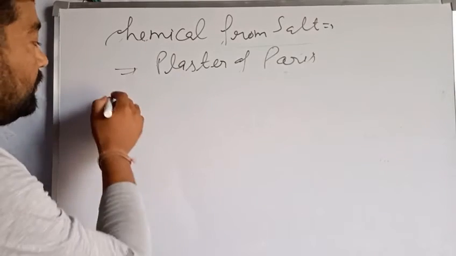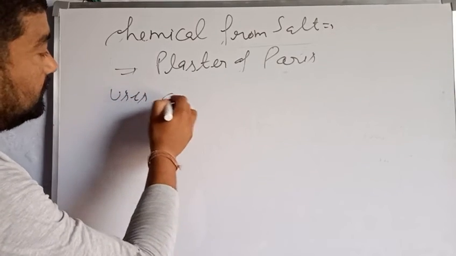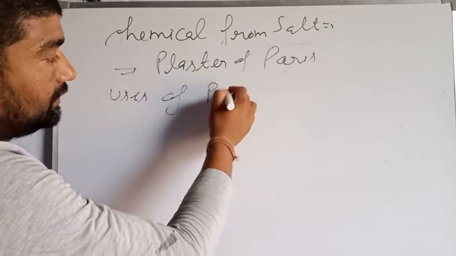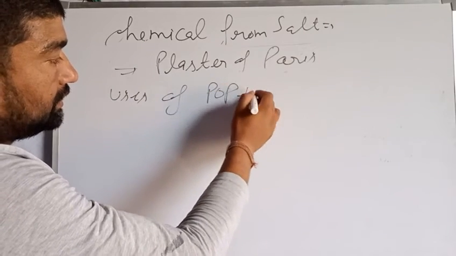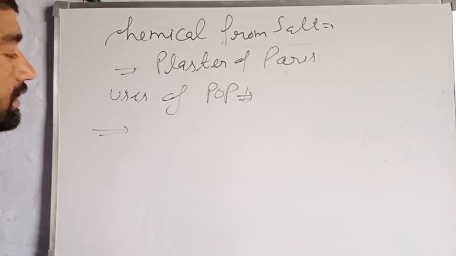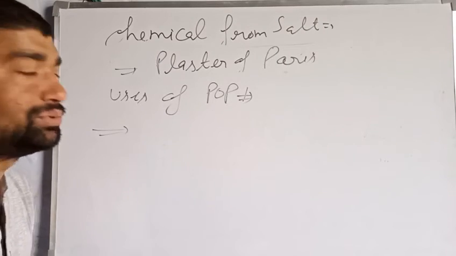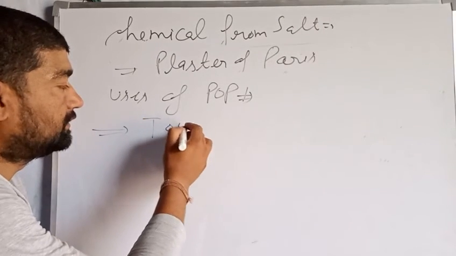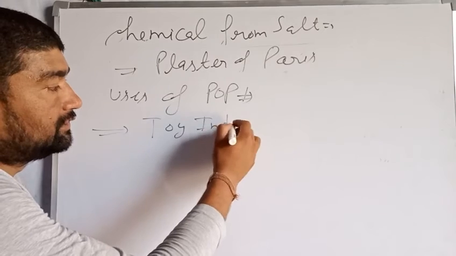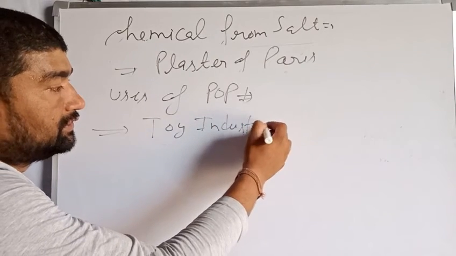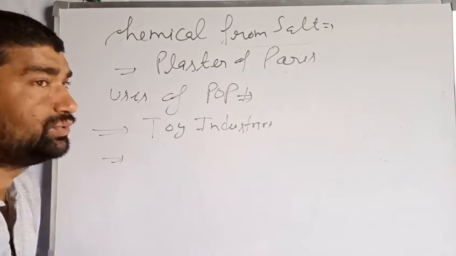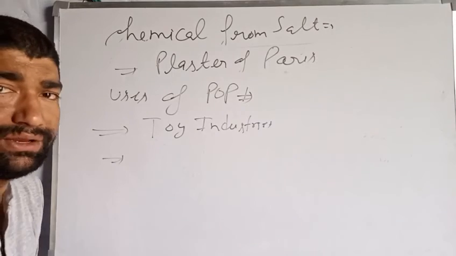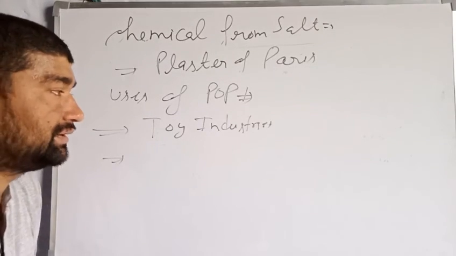So now we'll talk about the uses of POP. First of all, it is used in the toy industry. You must have seen many advertisements on your TV that say use the POP.